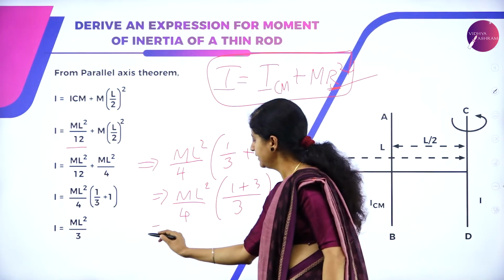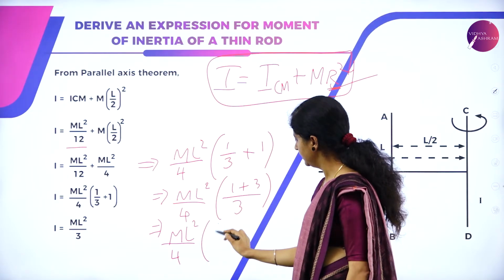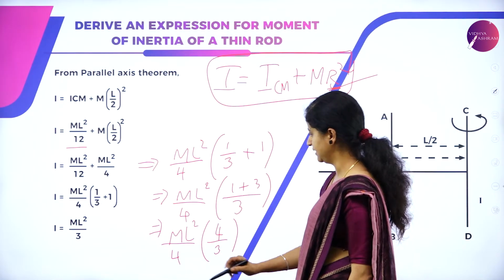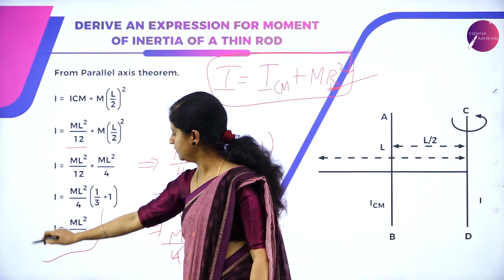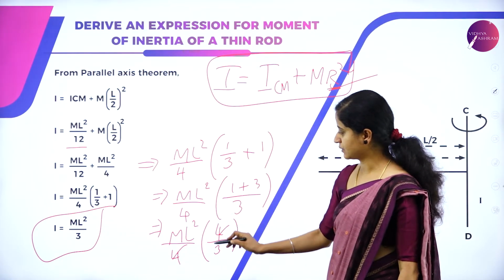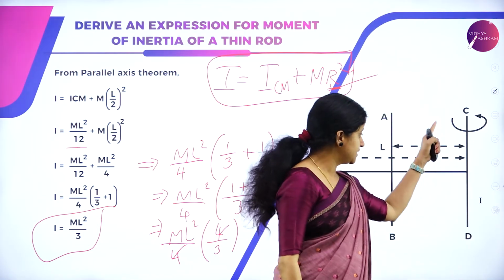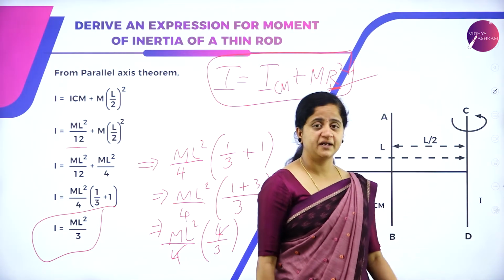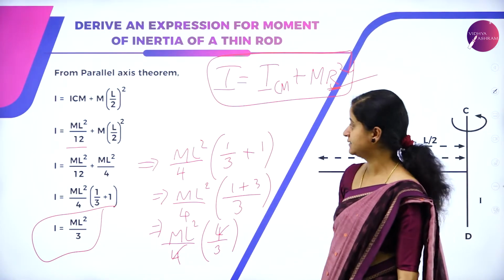So I will get ml square divided by 4 into 4 divided by 3. This 4 and 4 get cancelled, and the I value will be equal to ml square divided by 3. That is the moment of inertia about the axis CD, given by ml square divided by 3.